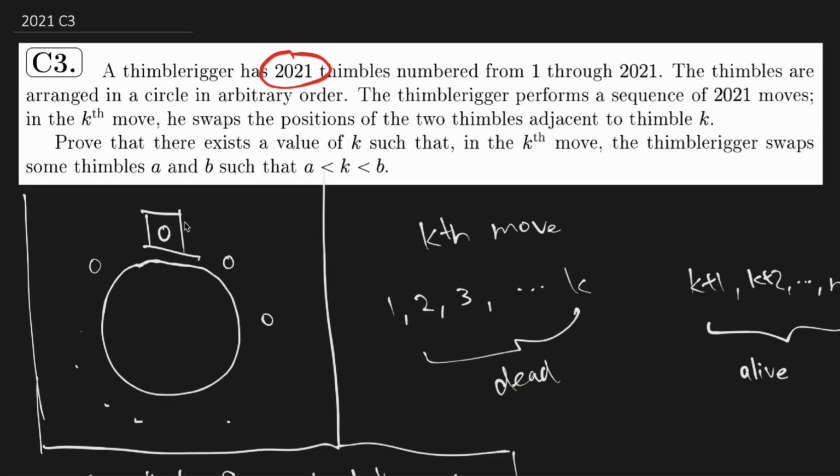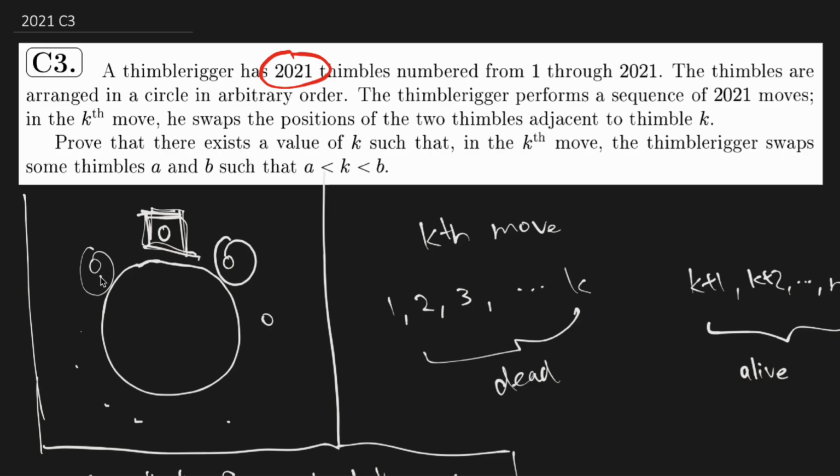Okay, so if we look at this, initially they're all alive, and each time, let's say it's the first move and this is 1, then I will swap these two and I'll kill one, so one becomes dead.